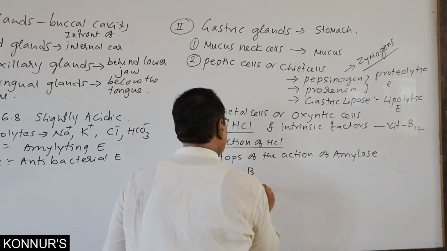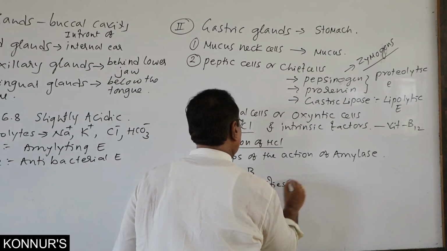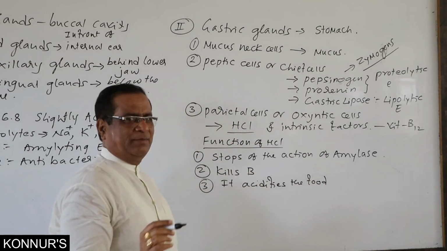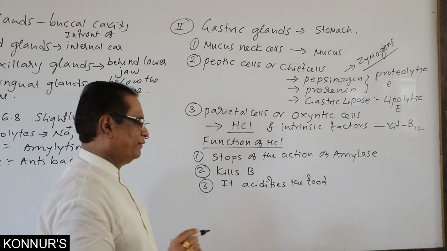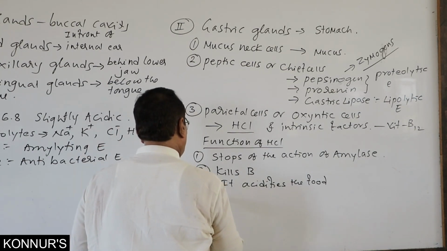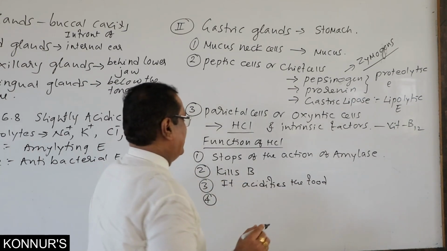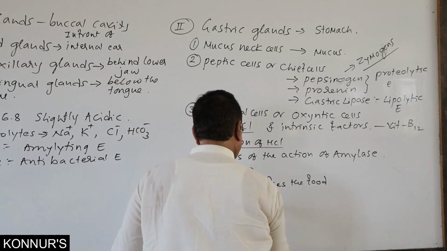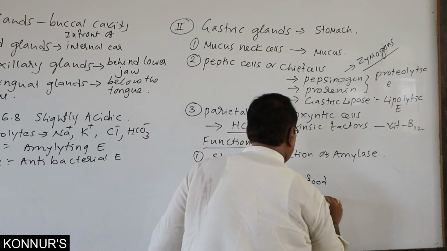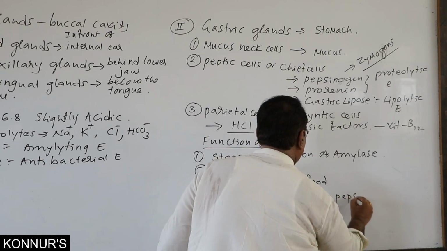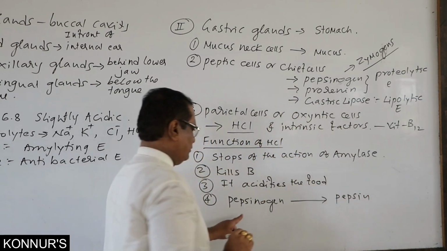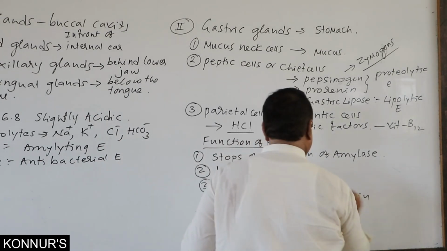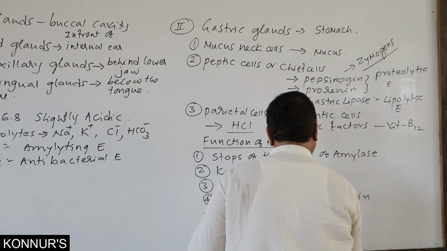And the next is, it acidifies the food. Food which is there in stomach gets acidified because of HCl. And a very important function of HCl, that is, it converts inactive pepsinogen into active pepsin. It is inactive. That inactive pepsinogen is converted into pepsin. This is by the action of HCl.